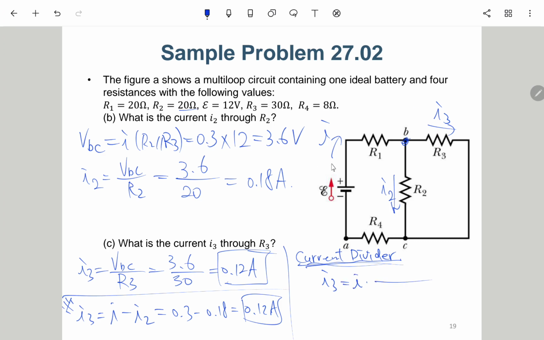We have a total I here, and these two are parallel resistances, which means that the sum of I2 and I3 should be I. So I is divided into two parts, one part is I2, one part is I3.